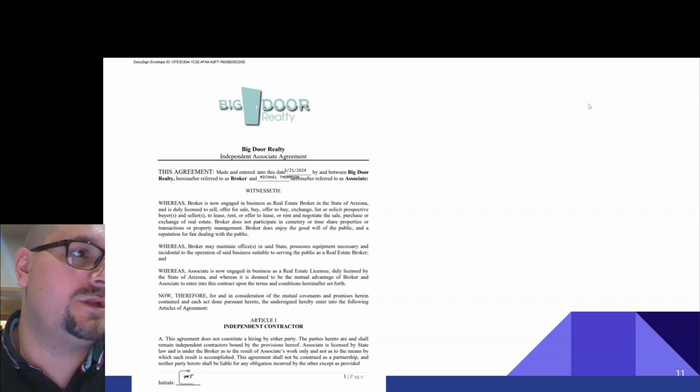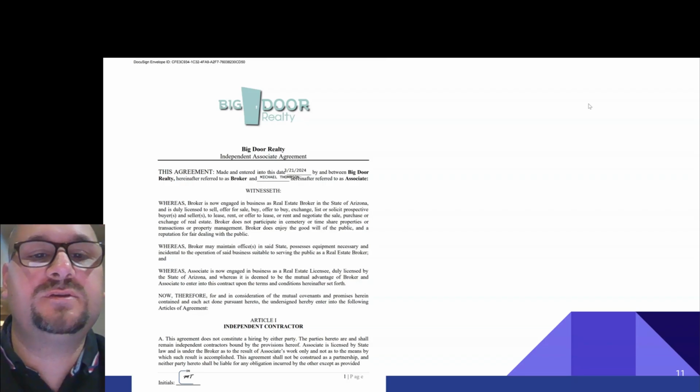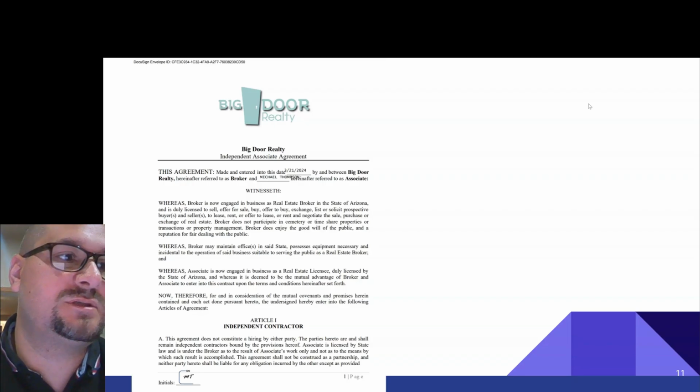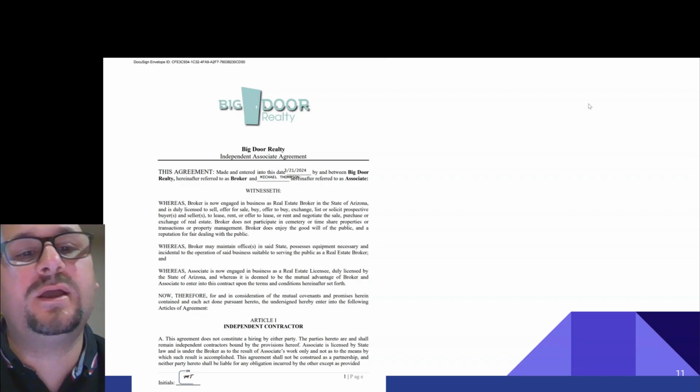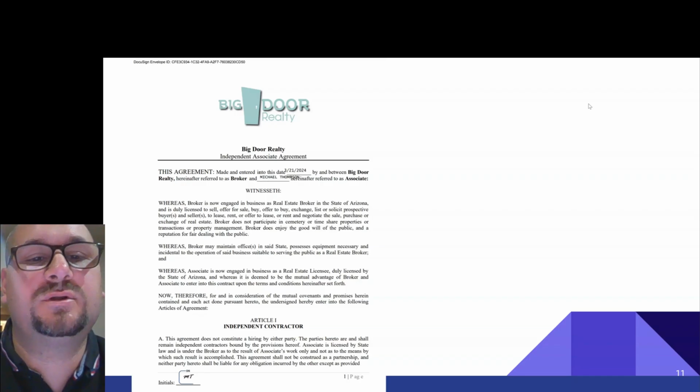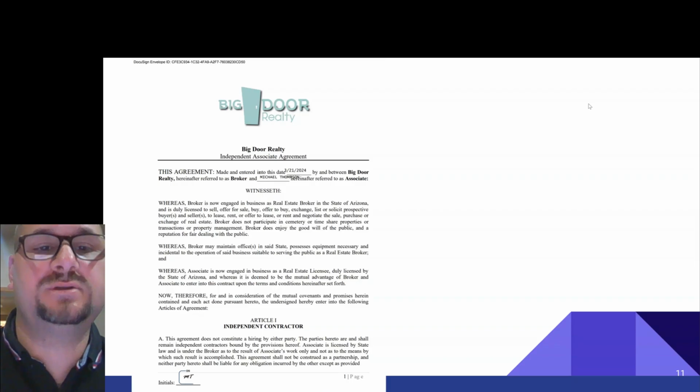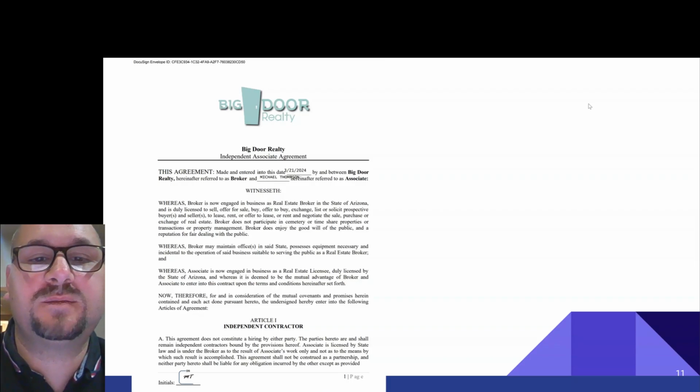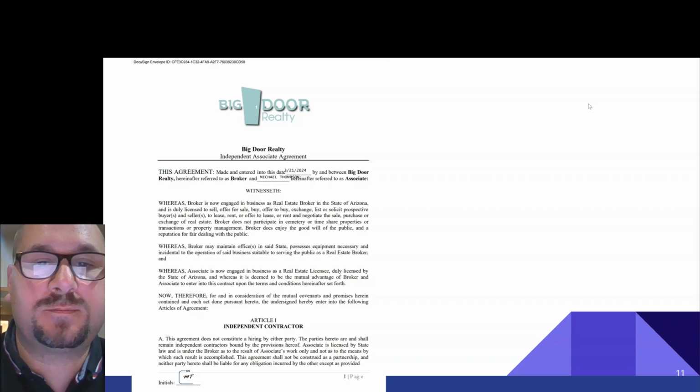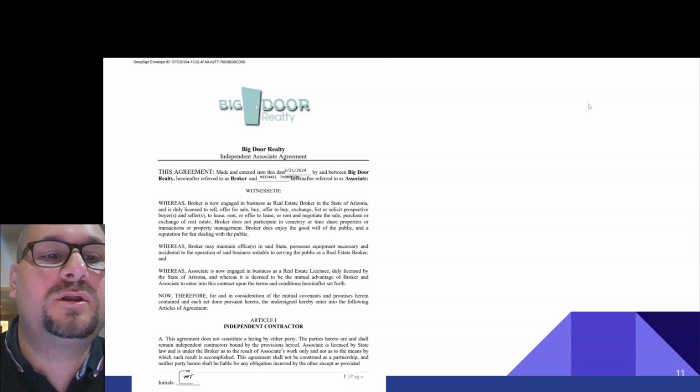Okay, so here's a key word here. If you want to do cemetery sales, can you do it? No. Why? Because your broker has to want to do it. So it says right here, broker does not participate in cemetery or timeshare properties or transactions or property management.